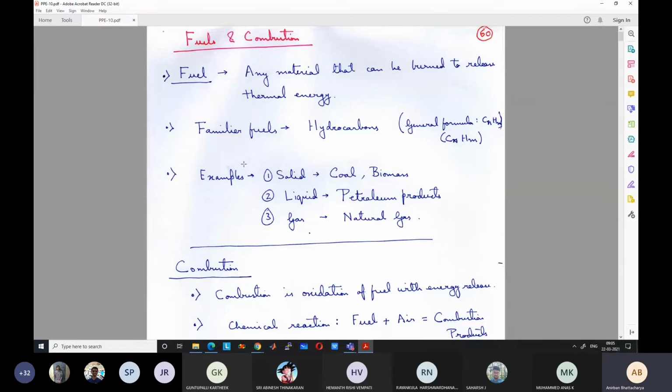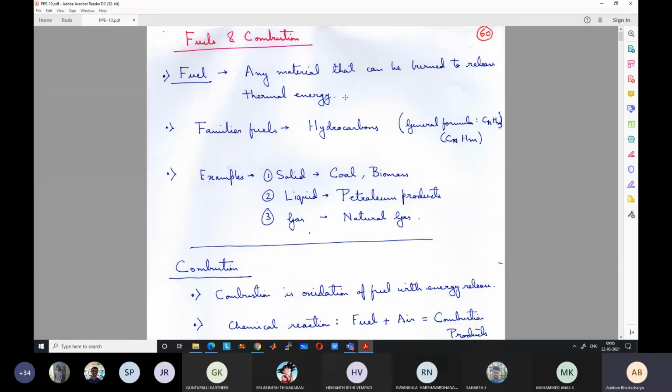Again, these things are very well known to all of us, but for the sake of completeness, I will go through it. So what is a fuel? Any material that can be burnt to release thermal energy can be called a fuel in our case. For thermal power plants, the fuels are mainly hydrocarbons. In general, you also know that for IC engines and other mechanical devices, hydrocarbons are used as fuels.